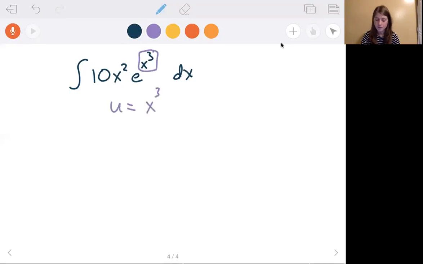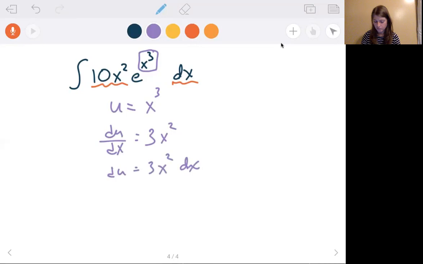And what has to happen in this case for us to be able to do a successful u substitution is the leftover components have to be pretty close to our du. So if I think about what my du dx is going to be in this case, then what I would really need to match up is 3x squared dx. But I don't quite have a 3x squared dx.